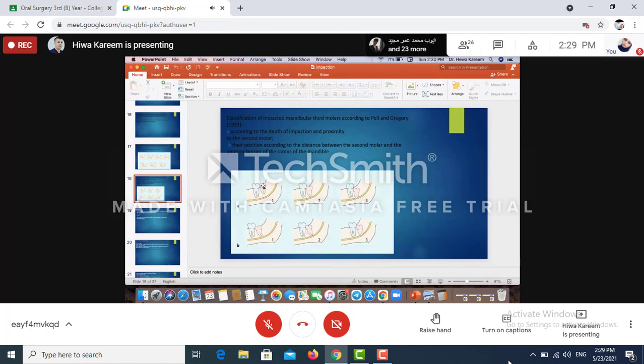In class B, the occlusal plane of the third molar is below the occlusal plane of the second molar and above the cervical line. But in class C, the occlusal plane is below the cervical line.